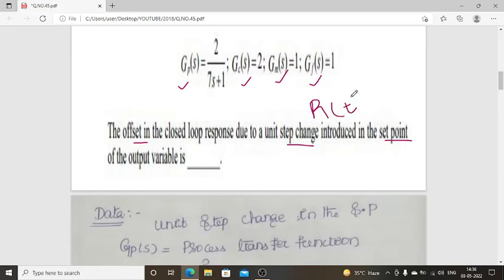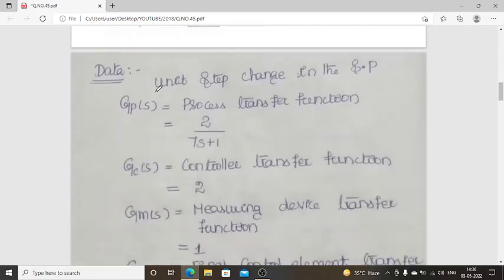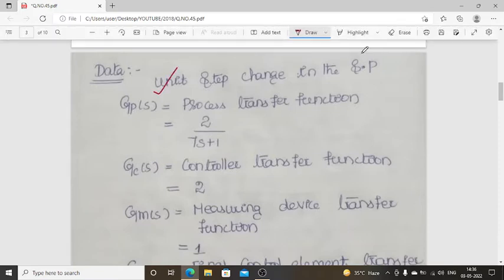So R of t is equal to 1. What is R here? R is the set point. So the data is a unit step change in the set point, that is SP, or capital R.